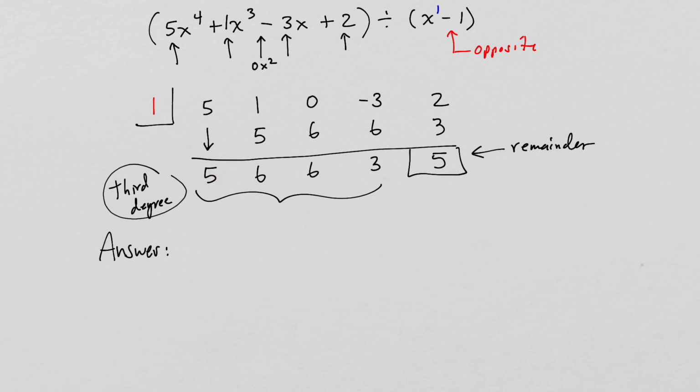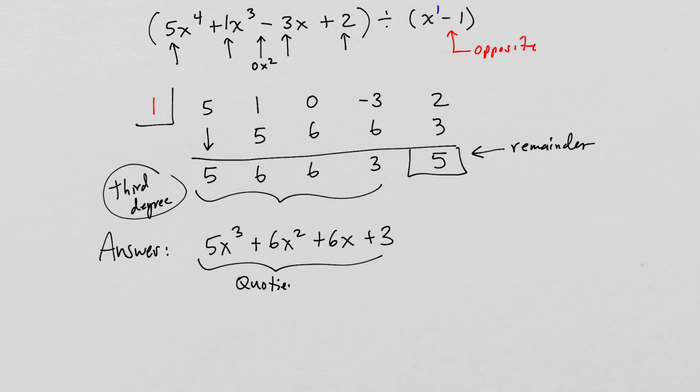So this 5 represents 5x to the 3rd. This 6 represents +6x squared. The next 6 represents +6x. And then +3. So that's our quotient, right? That's the main part of our answer.